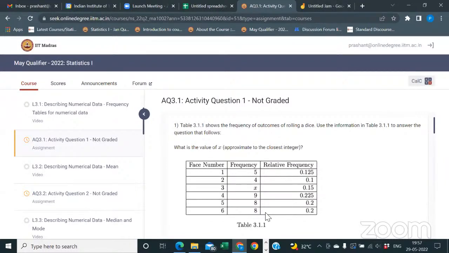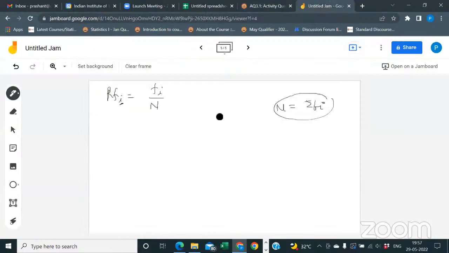So let's take the first row. From the very first row, we can find the total of the frequency.